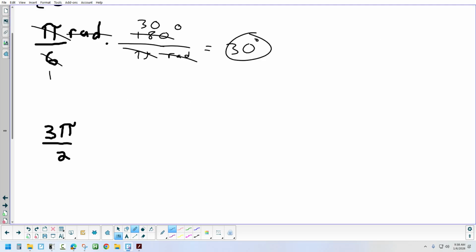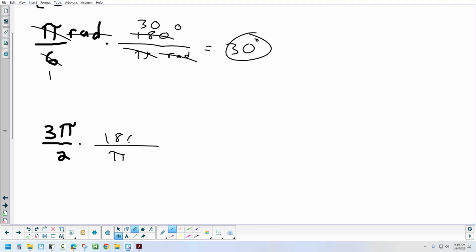Right. Let's try 3 pi over 2. Remember, RAD is written right next to pi. Now it's invisible. Okay. What's going to go in the bottom? Pi. And what's next to pi, but we're not going to write it? Radians. So radians is going to cancel. And what goes in the top? 180 degrees.